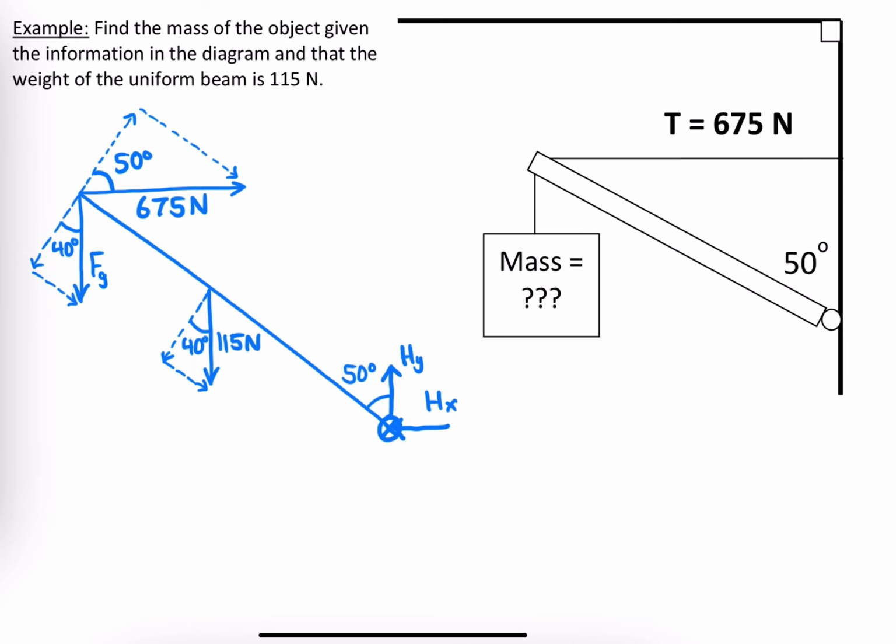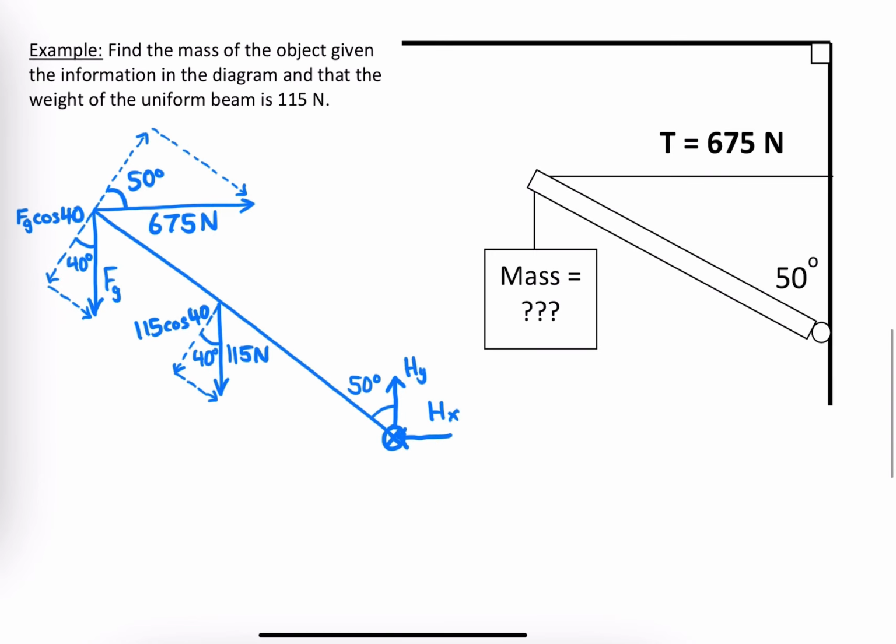So this is going to be 115 cos 40. This guy over here is going to be Fg cos 40. And this guy is going to be 675 cos 50.